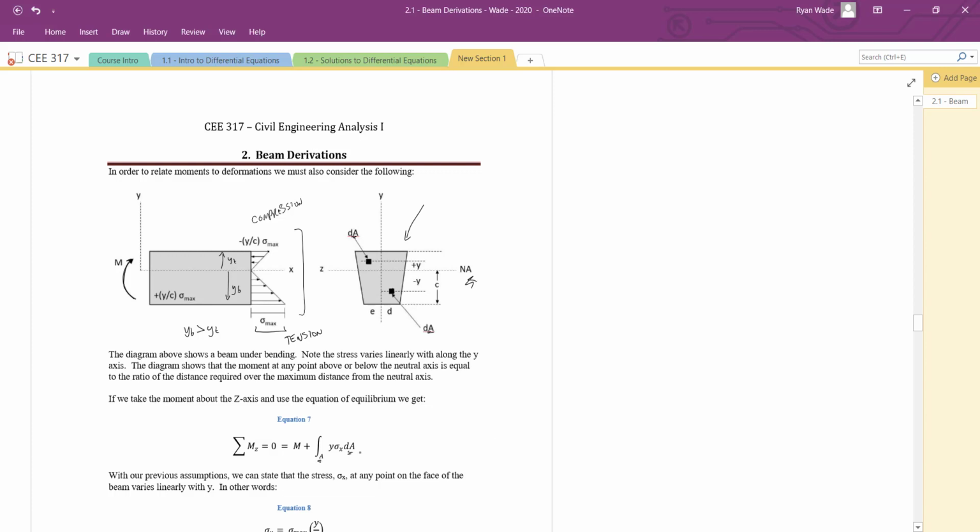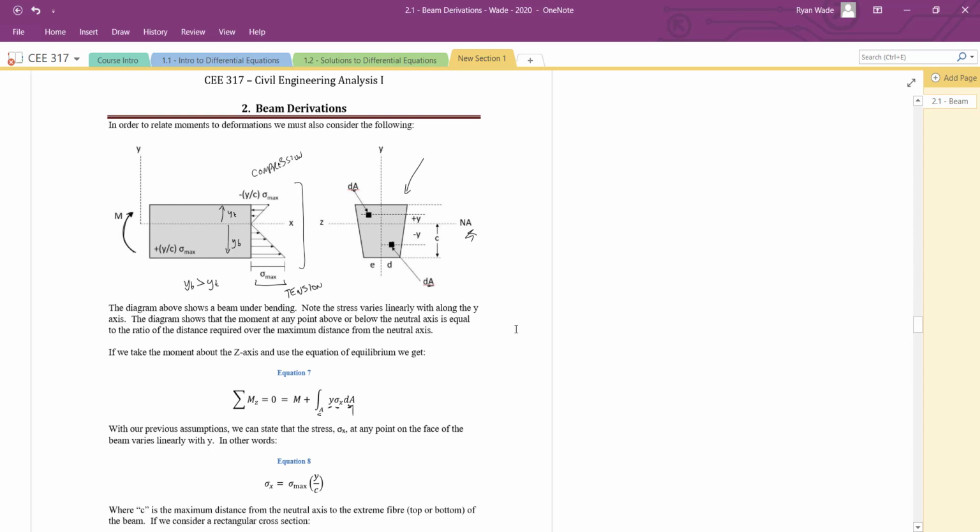So the integral with respect to the area of all those little sections, times their distance from the neutral axis, times the stress at whatever point they're at. And that's from an actual definition. That's from one of the definitions we've gone through when I kind of glossed over the derivations in 231, but this is something that we know.